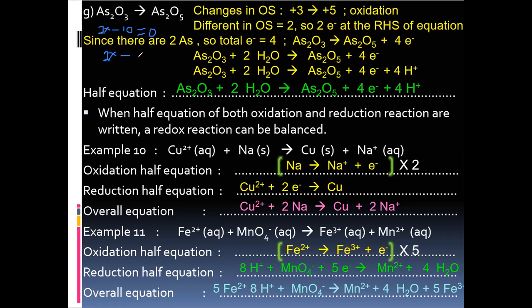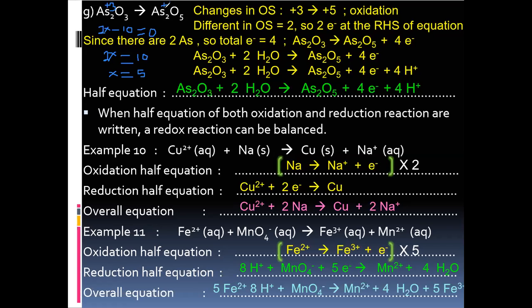And then, of course, x would be equal to 5. So we have x equals 5. Having x equals 5 means that the oxidation state is moving from what? +3 to +5. Is this oxidation or reduction?